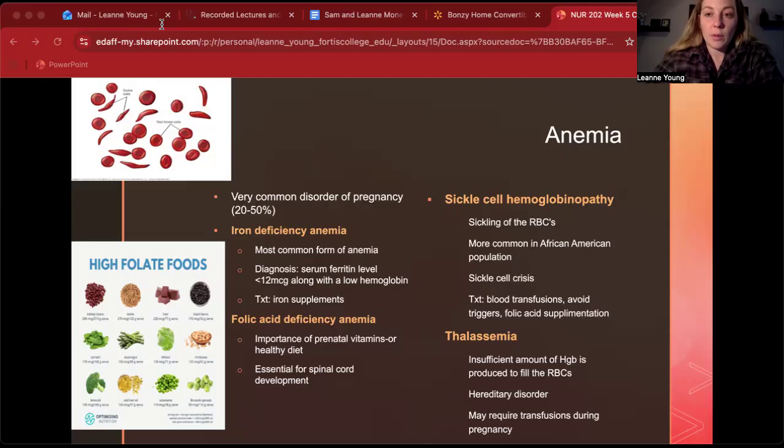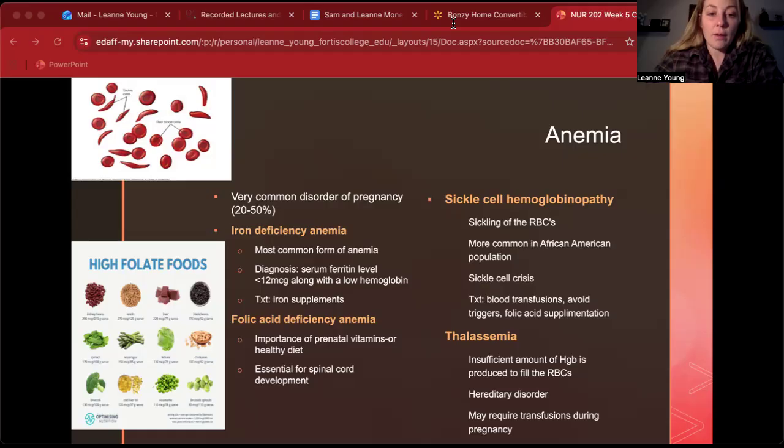Any type of exposure to an allergen can increase the risk of sickle cell crisis. And like I said, they're in excruciating pain. They can come into the hospital and usually receive treatment and they have to be monitored. Their treatment would be blood transfusion. We have to avoid the triggers and then folic acid supplementation to assist with the regeneration of those red blood cells.